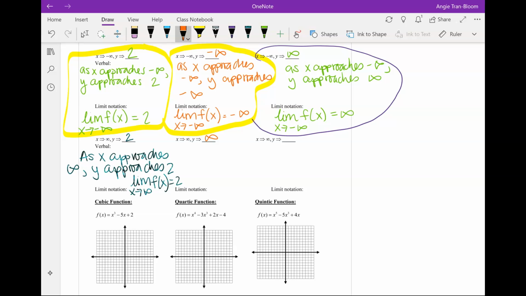So verbally, we say as x approaches positive infinity, y approaches also positive infinity. Limit notation, we write limit as x arrow infinity of the name of the function, we were using f of x equals infinity.